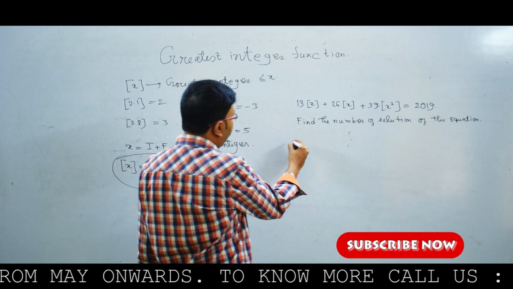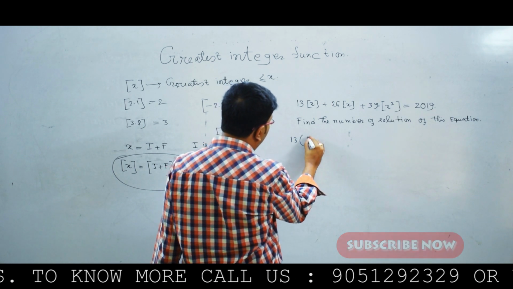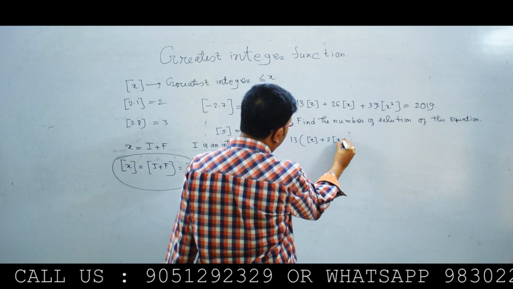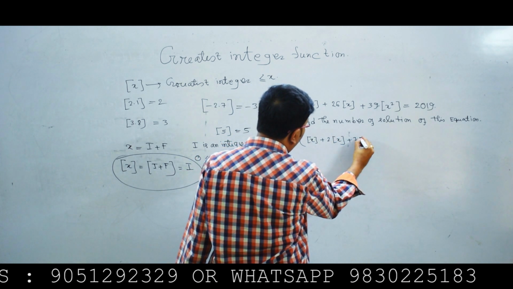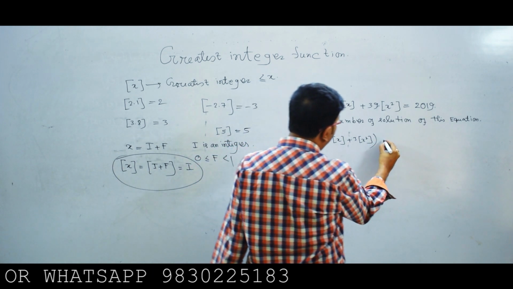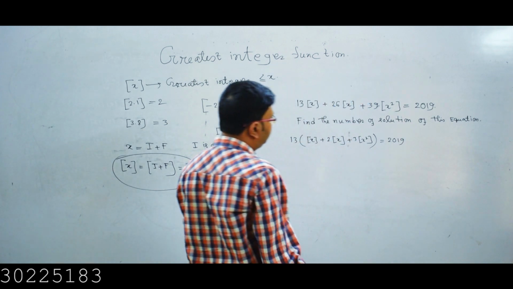Now the left hand side, we can say that it is 13 into box x plus 2 box x plus 3 box of x square equal to 2019.